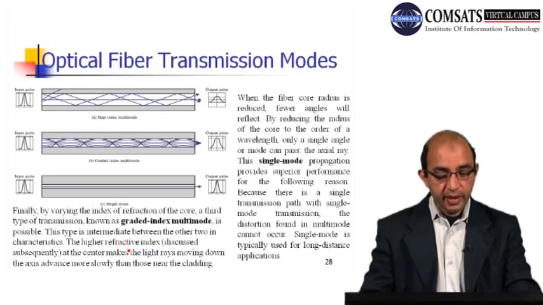We raise the refractive index at the center, which makes the light rays moving down the axis advance more slowly than those near the cladding. So you can see the light rays that are near the cladding.